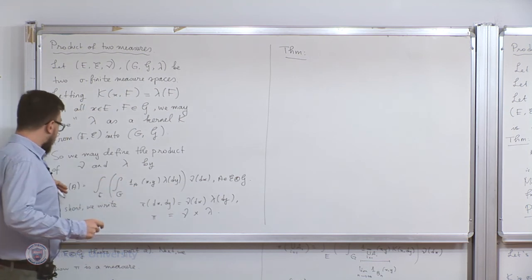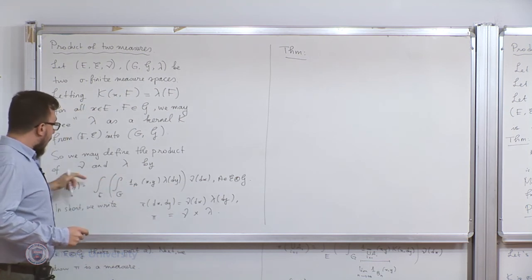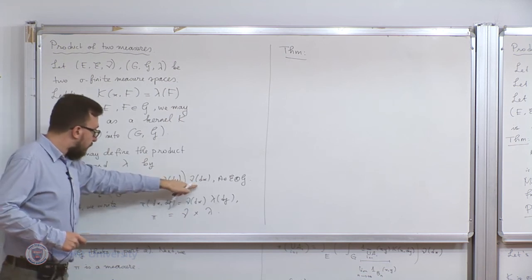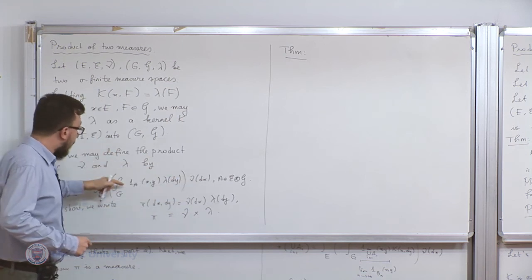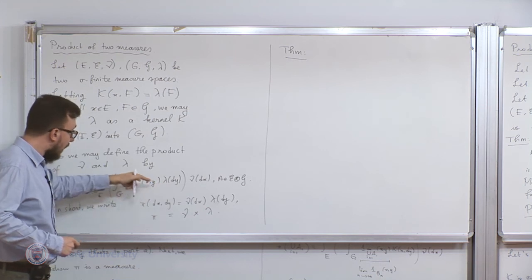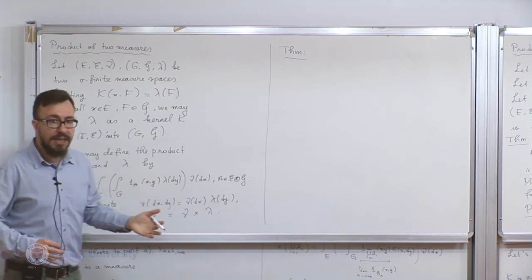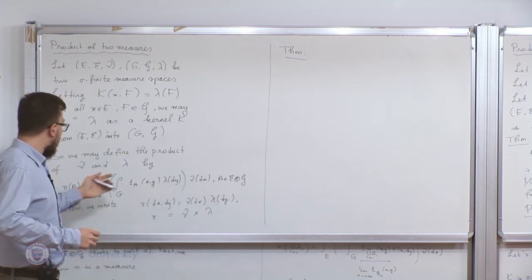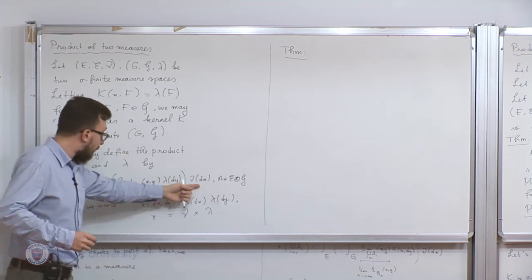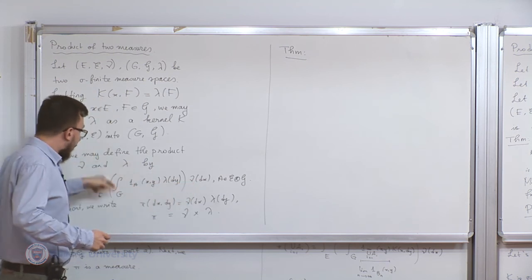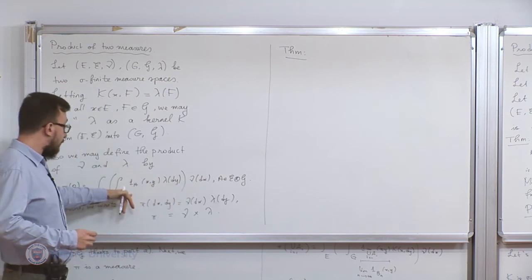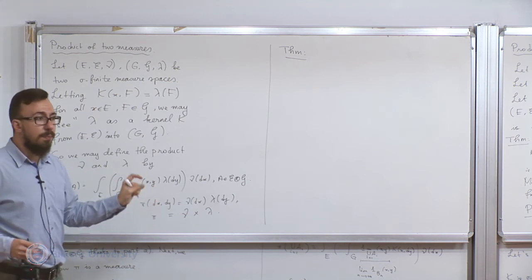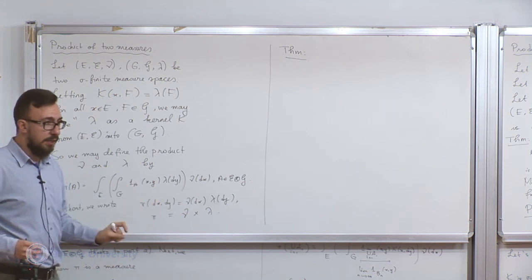So if I can define pi as an integral on the first space of an integral on the second space, I would hope that I can switch the order of integration and also write it as an integral on the second space, where inside I have an integral on the first space. So I should be able to swap the order. This is what Fubini's theorem says.